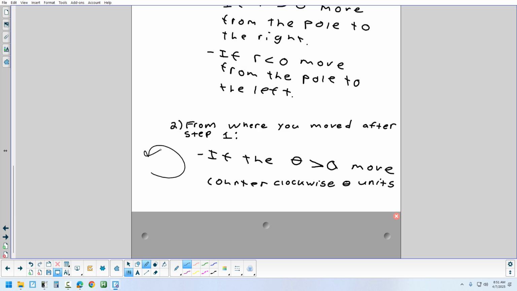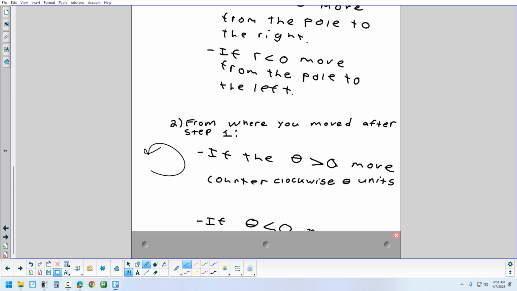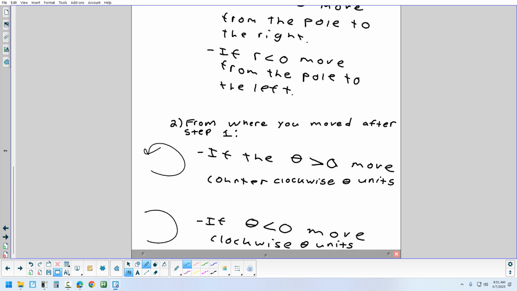That's that way. So positive angles rotate counterclockwise. And which way do you think negative angles are going to go? Clockwise. Those are going to go clockwise. That way. So you always do step 1 first, move left or right, and then from that point, you're going to rotate clockwise or counterclockwise.